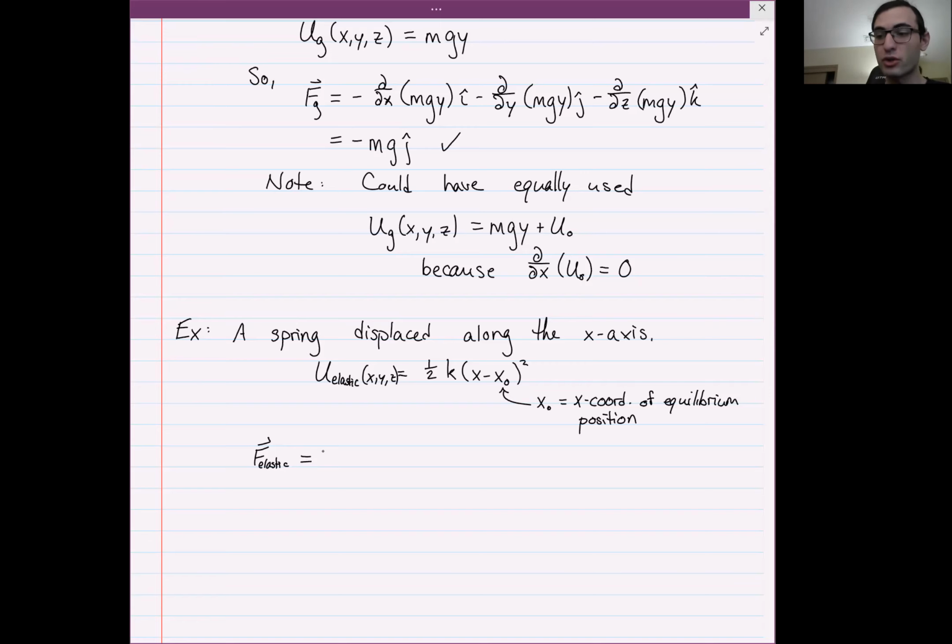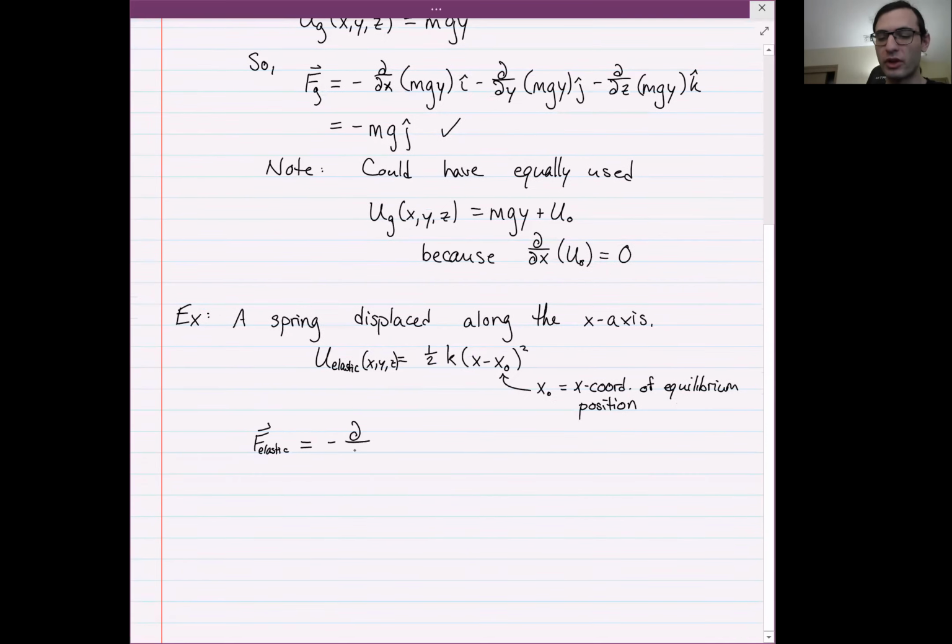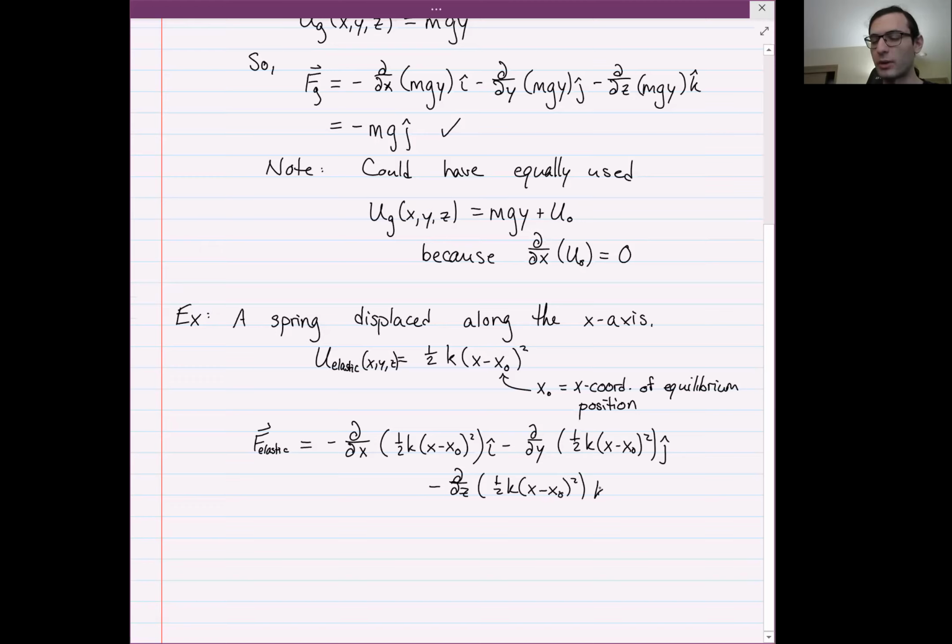So we would take the negative partial derivatives of the function 1/2 k (x minus x naught) squared. This is in the i hat direction, minus the partial derivative with respect to y of 1/2 k (x minus x naught) squared in the j hat direction, minus the partial derivative with respect to z of 1/2 k (x minus x naught) squared in the k hat direction.